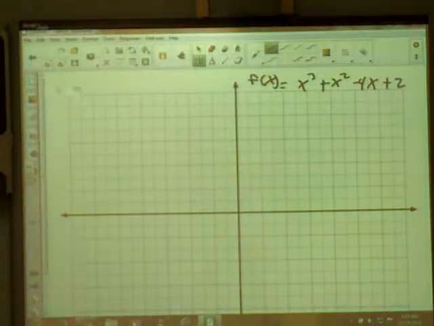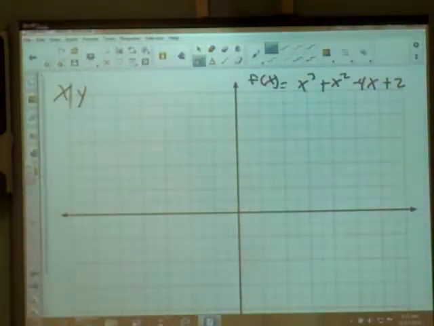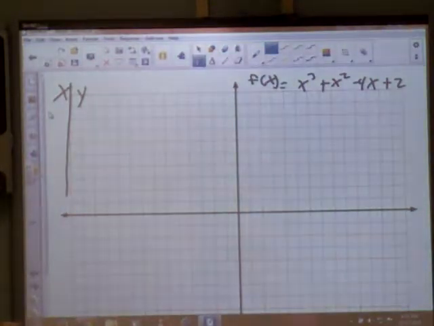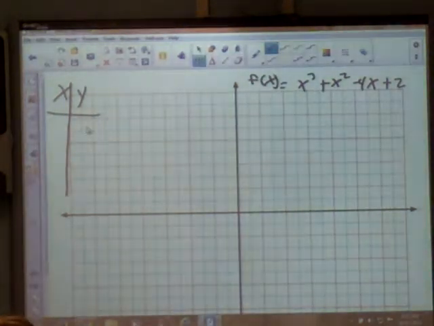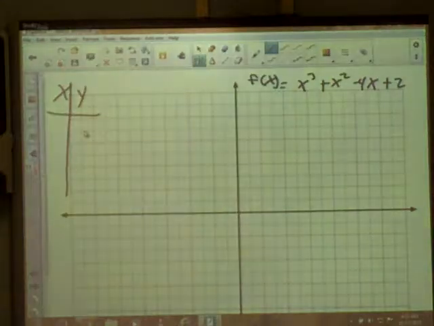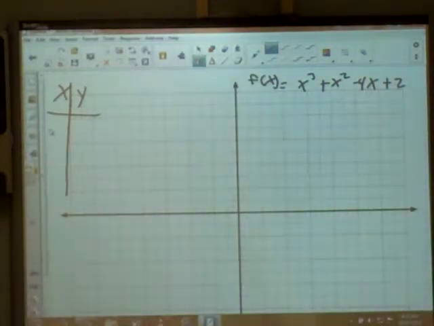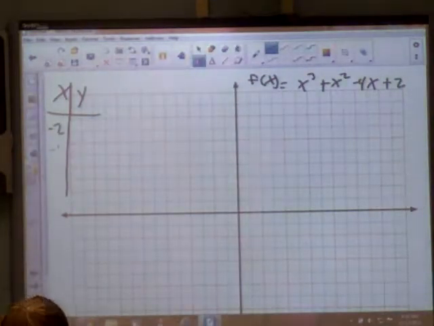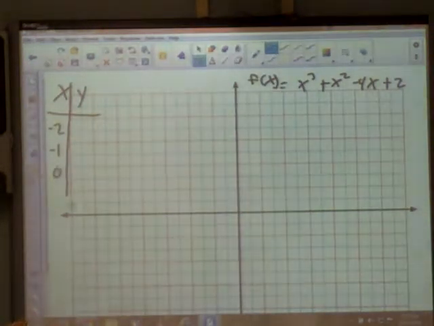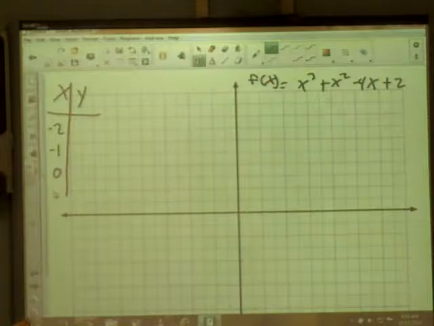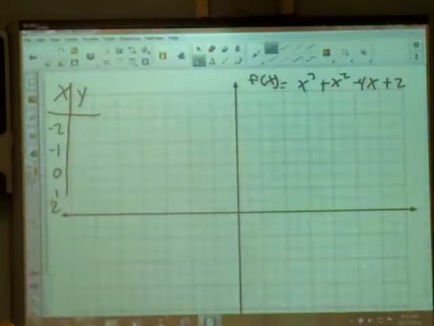So I'm going to make an old school input-output table. I'm always going to pick my favorite x's, but I'm always going to plug in some on the negative side, I like 0, and some on the positive side. So that's going to be my starting spot.